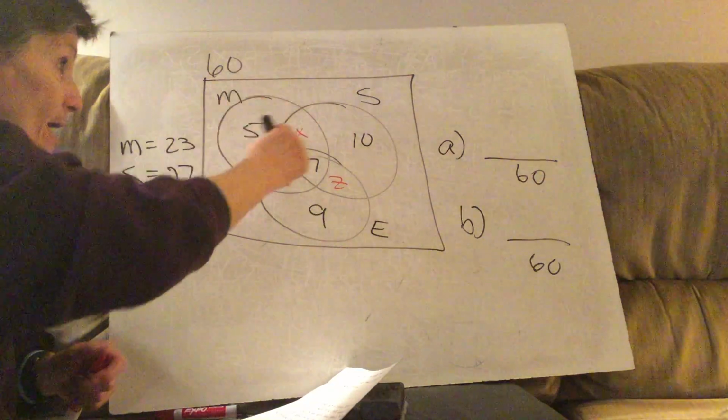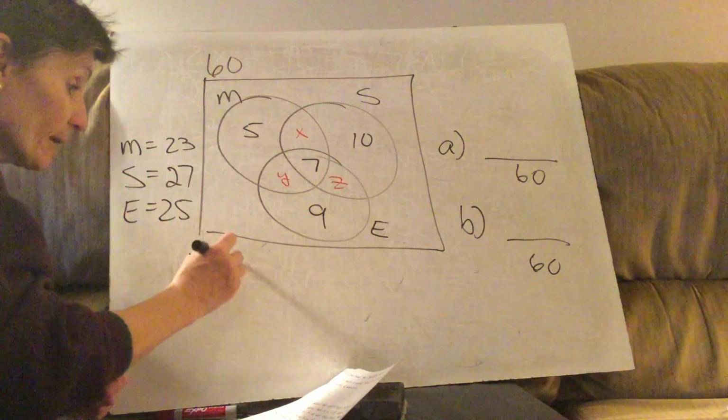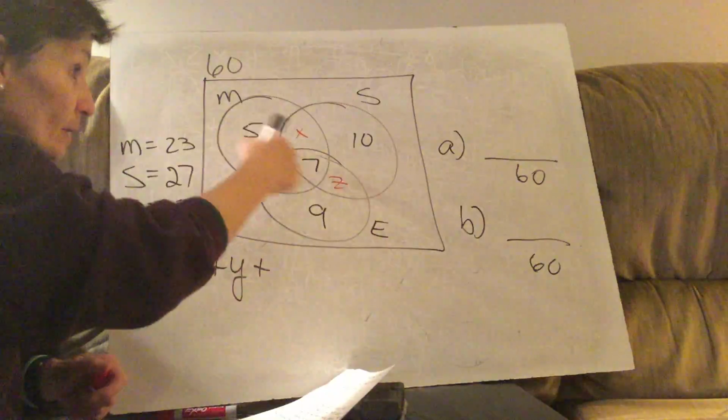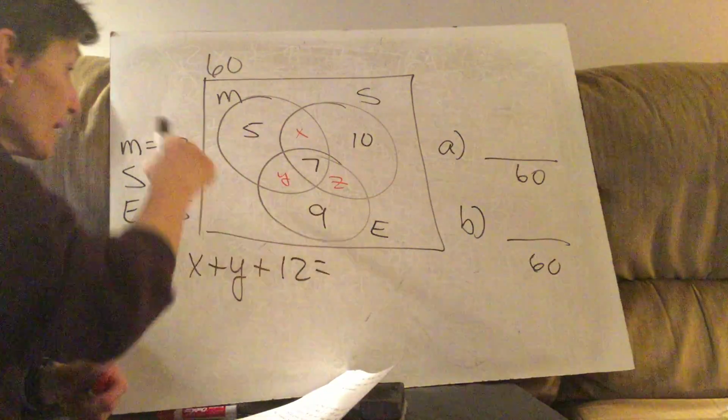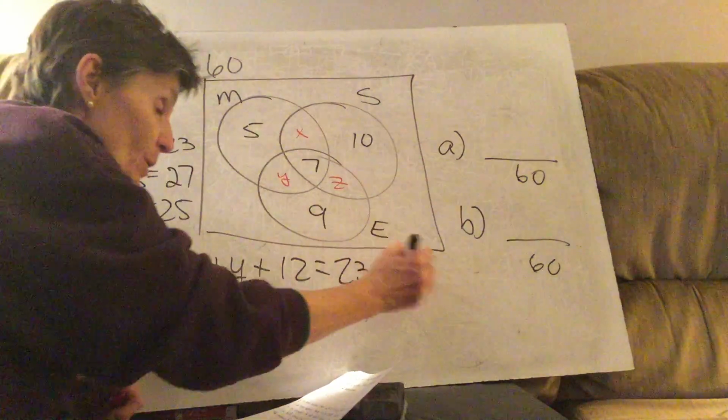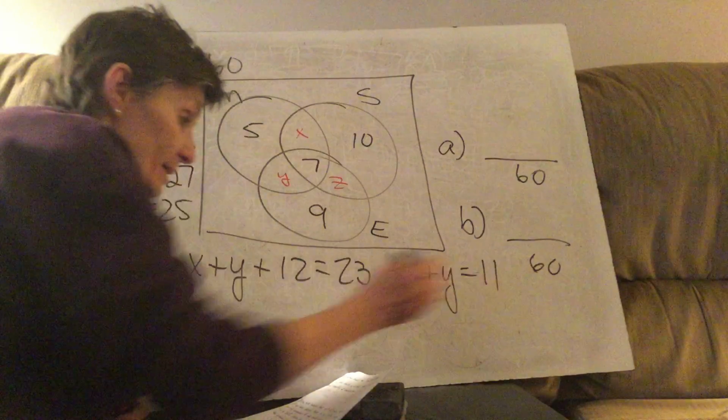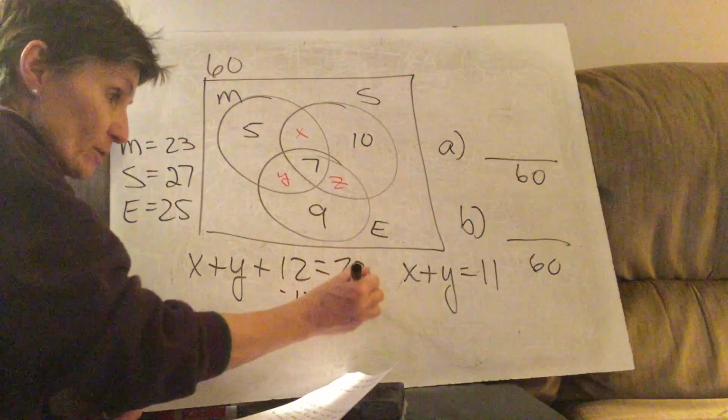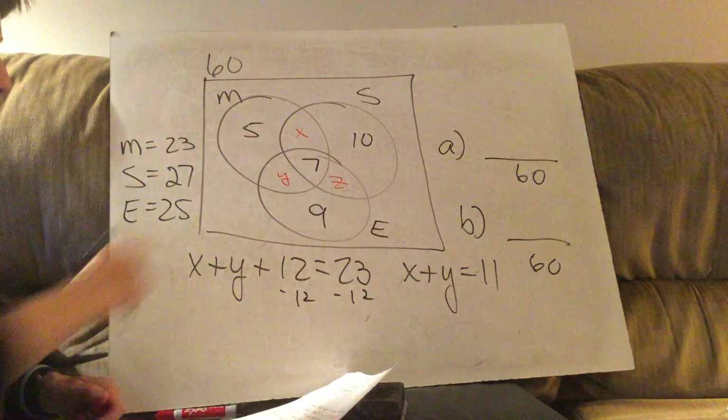I know that in the M circle, x plus y plus 12 has to equal 23, which means x plus y equals 11 if I subtract 12 from both sides. There's the 12.